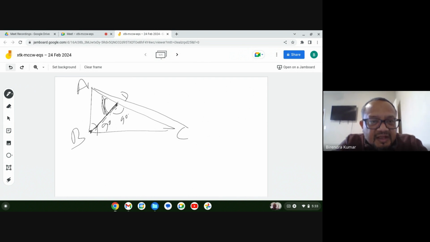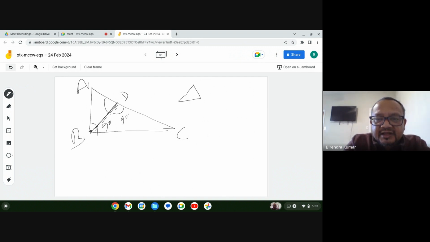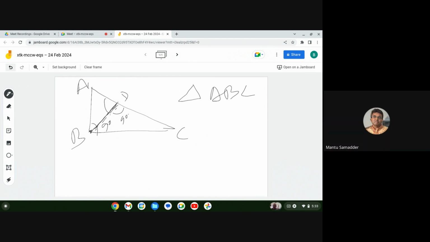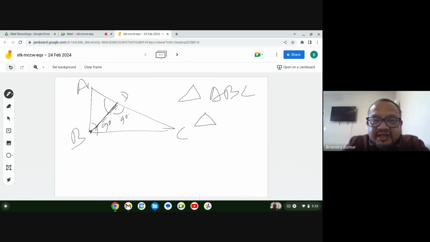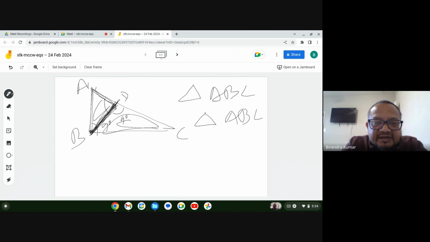So basically, I'm talking about two triangles right now. Triangle ABC, which was my first right angle triangle from where we had started, where the angle B is 90. And I'm talking about the second triangle ABD, which was one of the child triangles made by drawing the perpendicular from point B. So I got two child triangles, ABD and BCD.